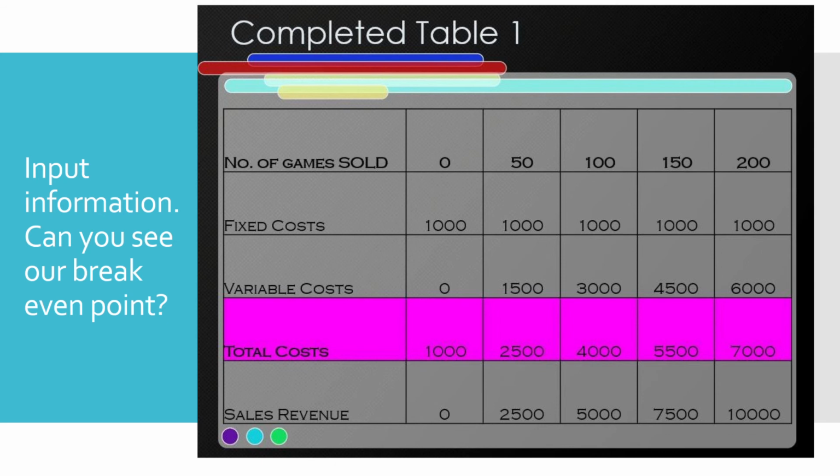So looking at this table, can you see where our break-even point is? So remember, our break-even point is where we are covering our costs, and then any further sales will be profit.